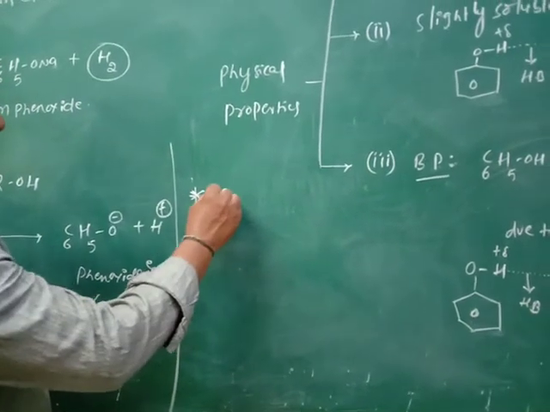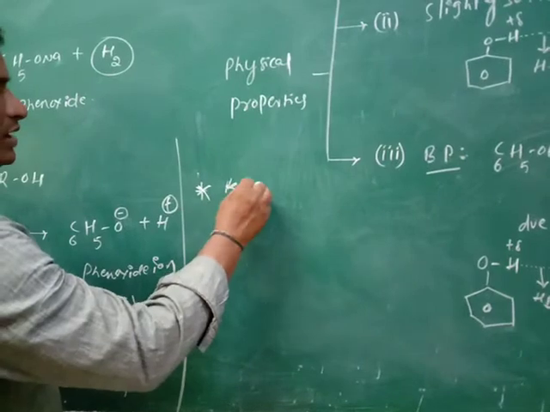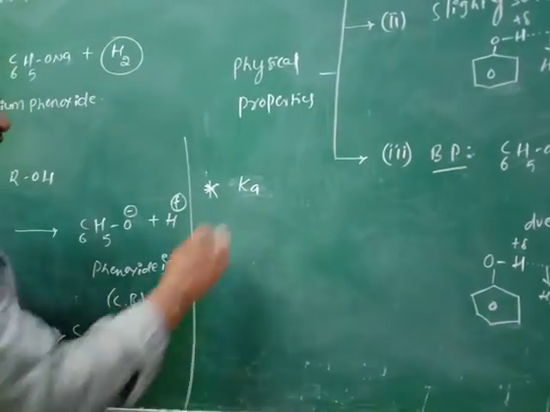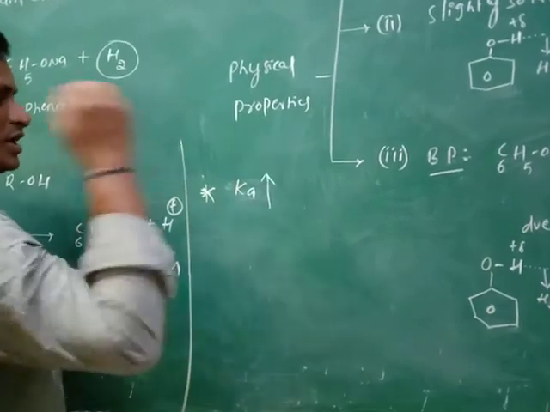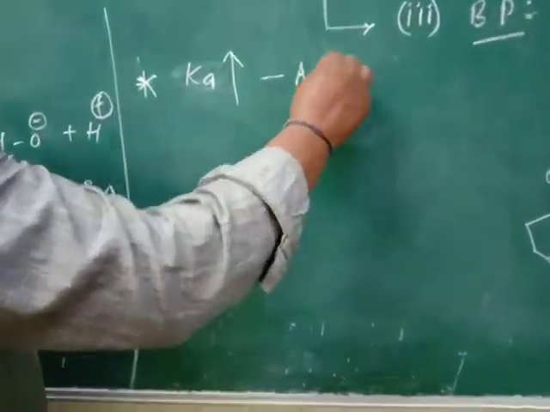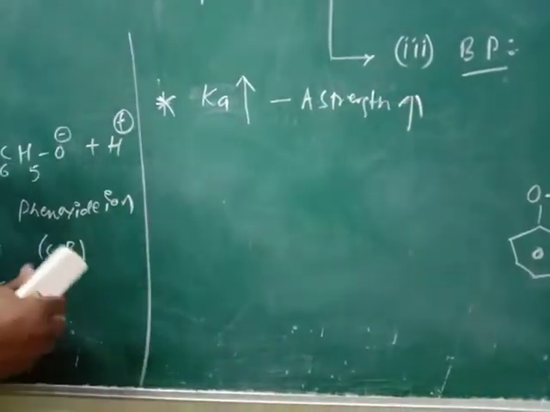Generally the acid dissociation constant is denoted with Ka. If the acid dissociation constant Ka increases, then acidic strength increases.